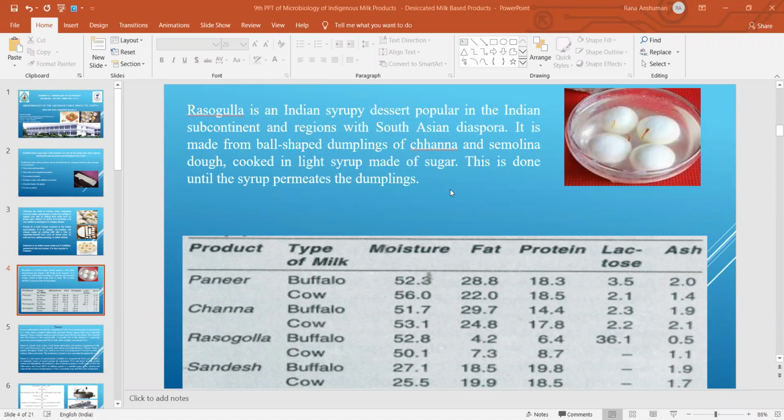If you talk about these indigenous milk products, previously they were the monopoly of halwais, or you can say smart sweet makers, and they are available in rural areas.